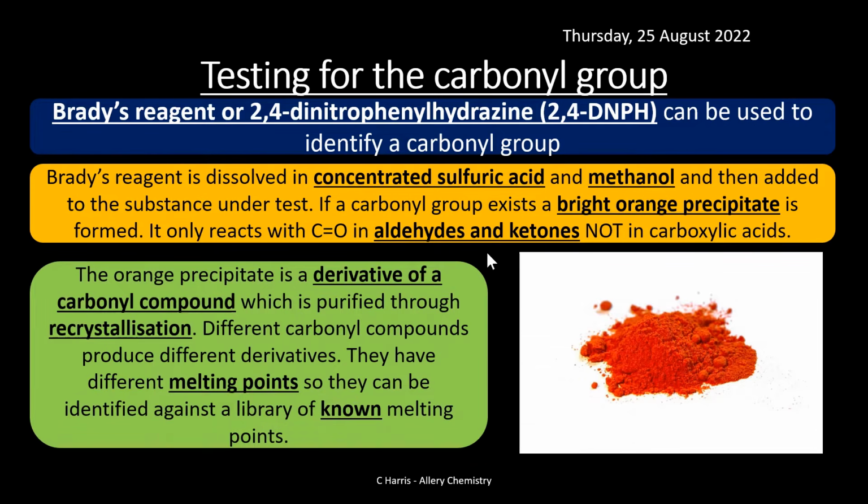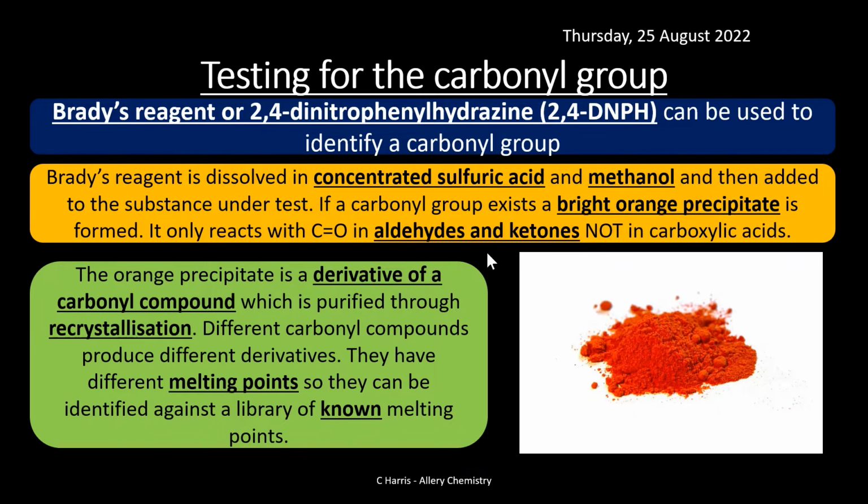The orange precipitate is effectively a derivative of a carbonyl compound, which is purified through recrystallization. You can purify this by recrystallizing it, using Buchner funnels and vacuum filtration, and different carbonyl compounds will produce different derivatives, which is quite handy.